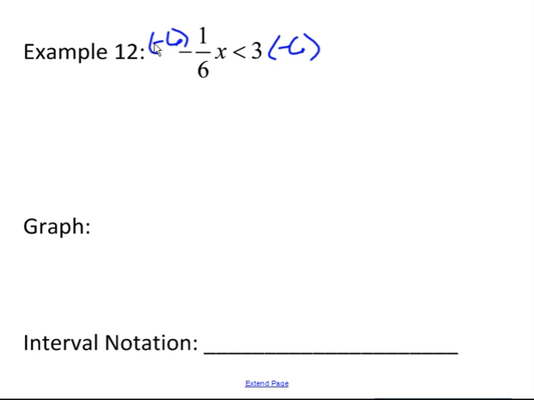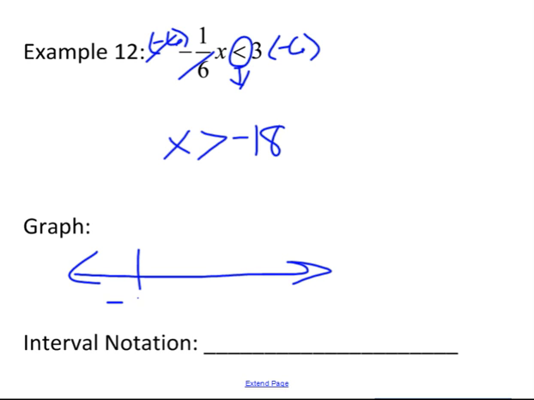But notice I'm multiplying by a negative. That means this sign has to flip. So when I multiply negative times negative, I get positive, and negative 6 times a negative 1/6 gives me a positive 1x. In other words, those cancel out. The sign has to flip, and 3 times negative 6 is negative 18.